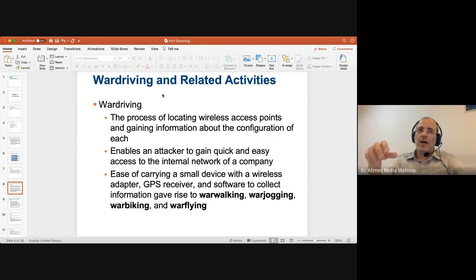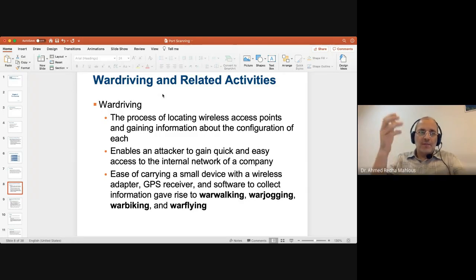They will drive slowly around the PSU campus, and whenever they can, their application will pick up a wireless signal or an access point.